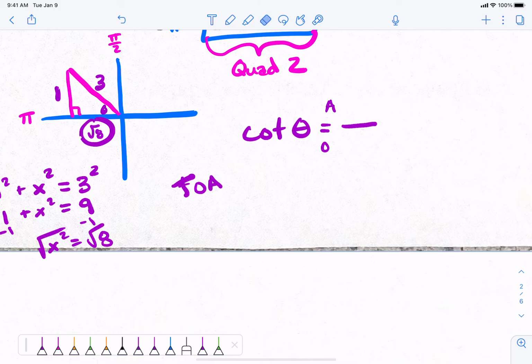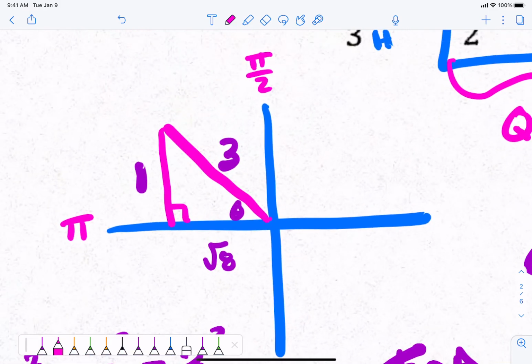So adjacent over the, oh, one more thing. And this has to do with the fact that it's in the second quadrant. This is why it's important that it's in the second quadrant, not in the first quadrant. Look at your sides. This is a positive one because he's going up, right? But it's negative square root of 8. That's huge.